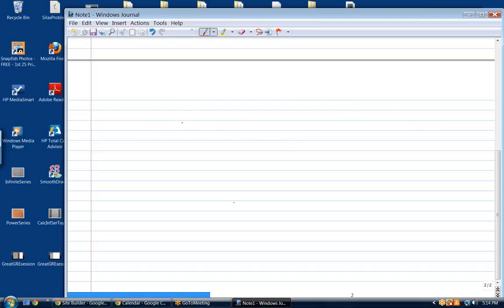Next one's an inequality. So it's x over 3 plus 4 less than or equal to 2. First step. Subtract 4. Okay. So what's the next line?